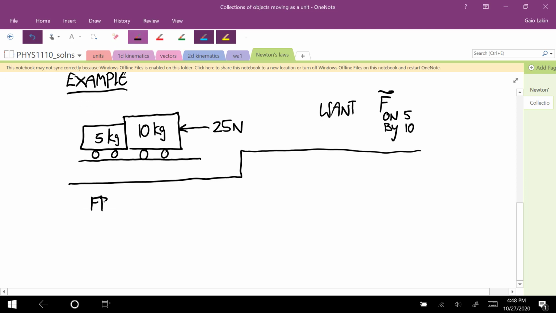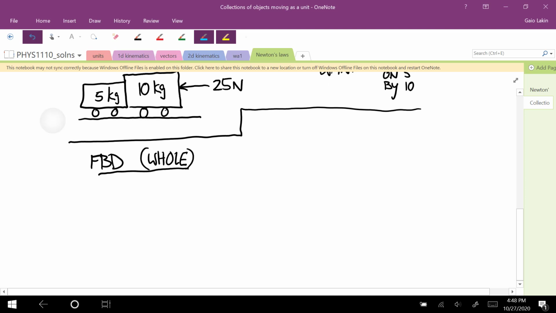And so I'm going to draw a free body diagram of the whole system. There's a weight force. The total mass of this system is 15 kilograms, so the total weight force is that times 9.81, 147.15.